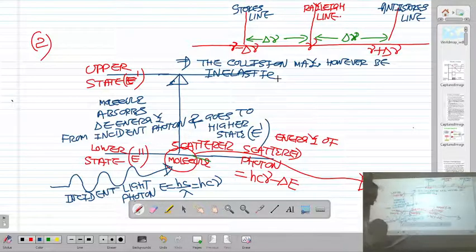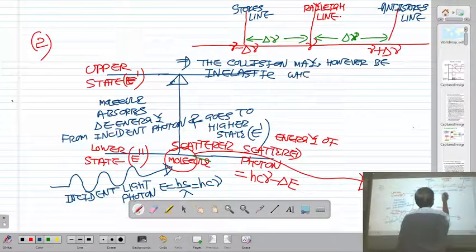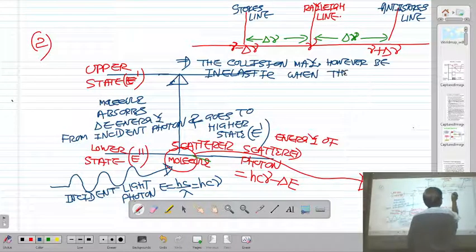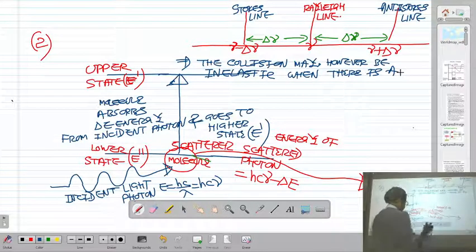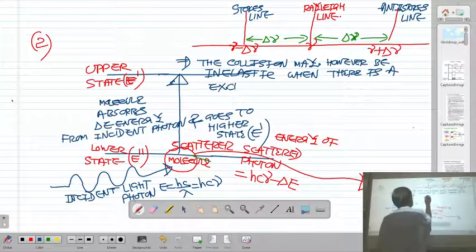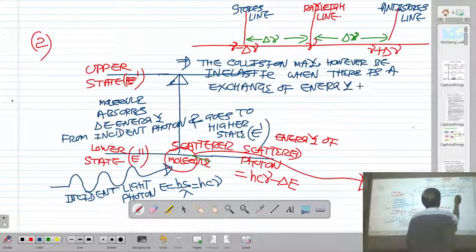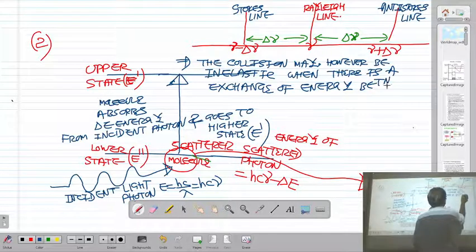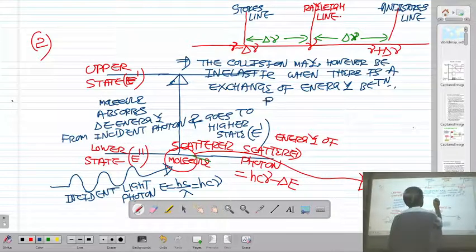The collision may however be inelastic when there is exchange of energy between incident light photon and molecule.